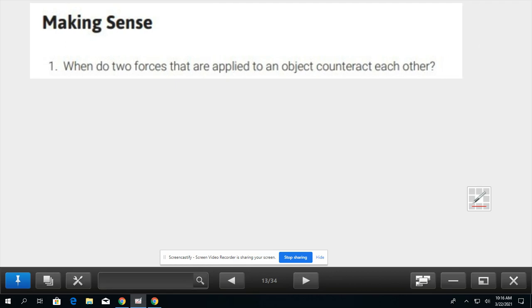Okay, let's look at our making sense questions. When do two forces that are applied to an object counteract each other? They cancel out. When do they cancel out?